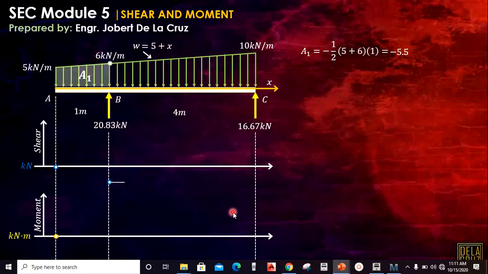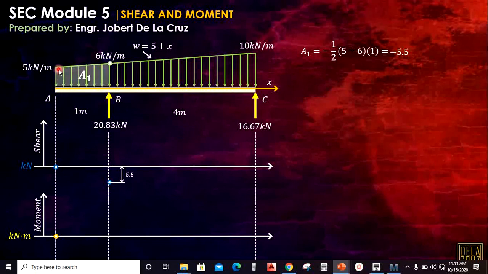So this one is negative 5.5. How can we imagine the concavity? By principle, the slope of the shear diagram at any point is equal to the load at that point. So the slope here is equal to the load at this point, 0.